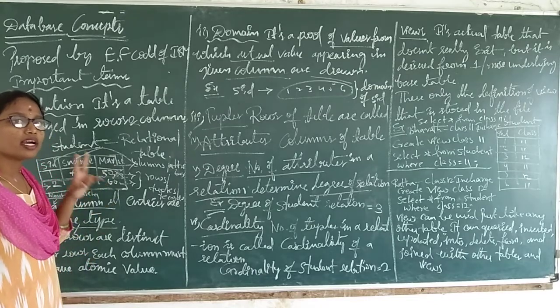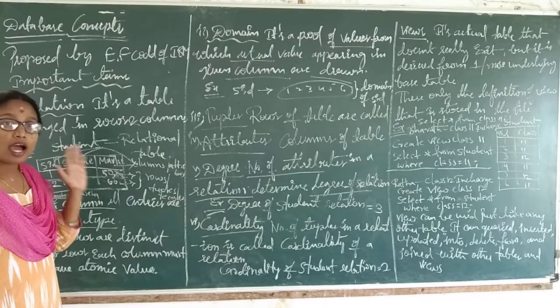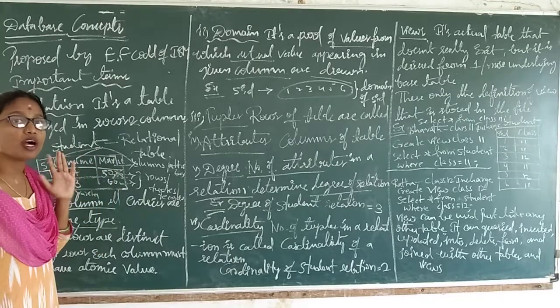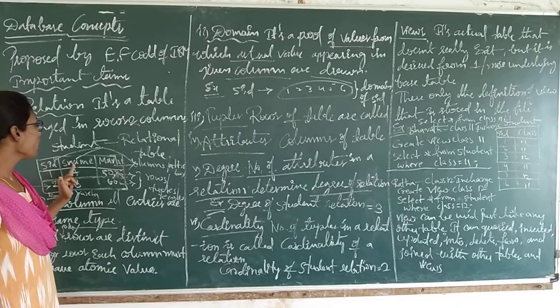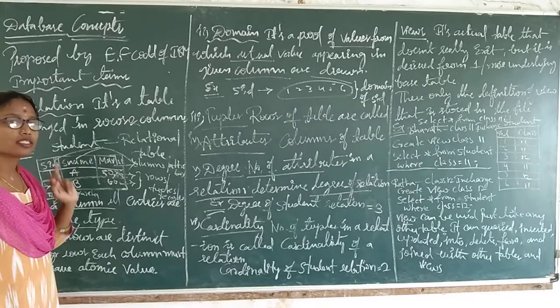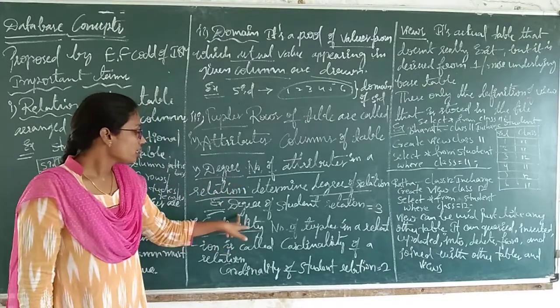First we count the attributes, the columns, in the table. Student ID is 1, student name is 2 and marks is 3. So what is the degree of this student relational table? 3.